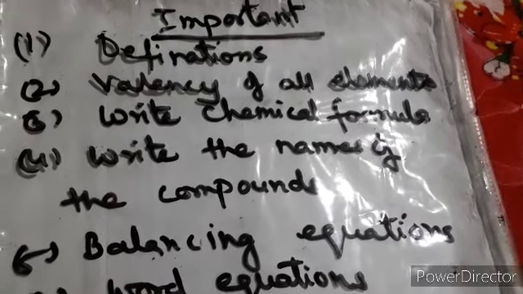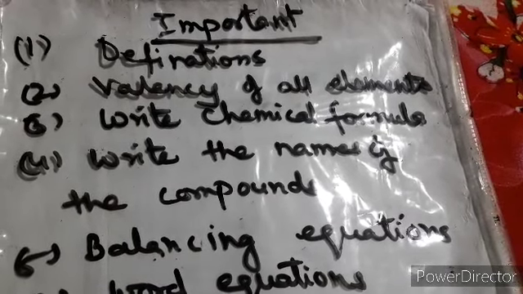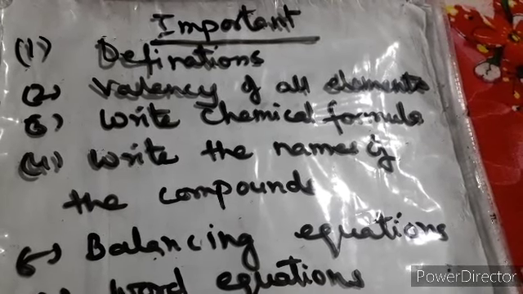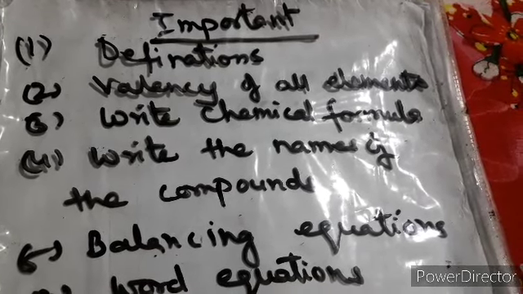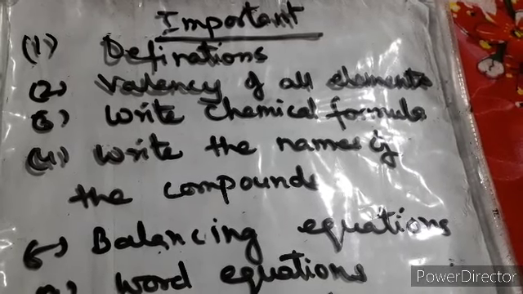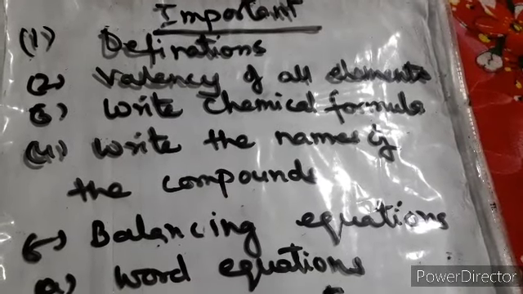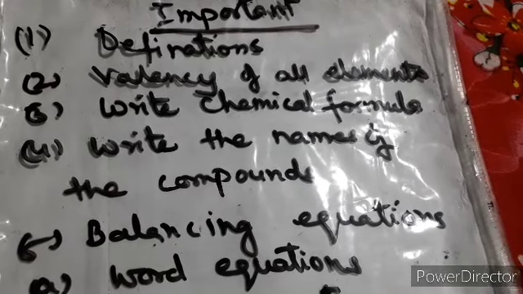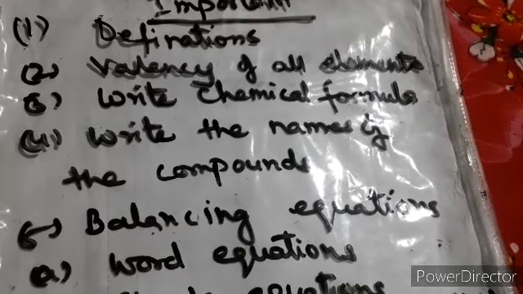For Class 9th, I have written some important points. When you are studying your first chapter, please focus on these things: definitions, valencies of all elements, and also variable valency, the concept of which I have taught you. And write the chemical formulas, write the names of the compounds, right?